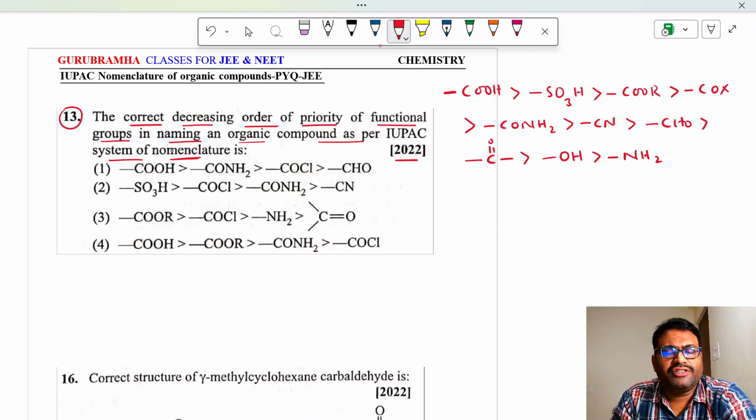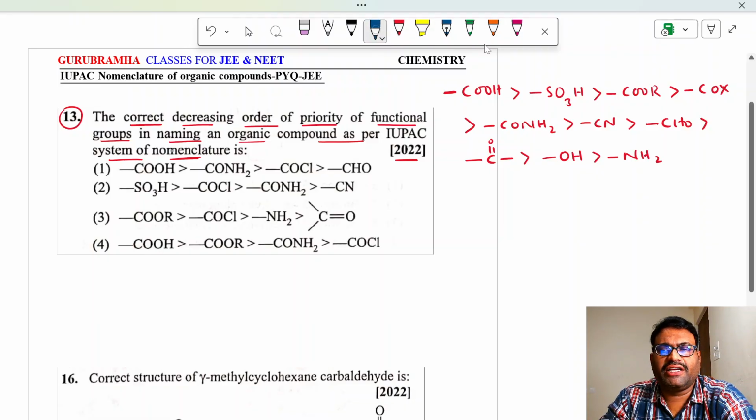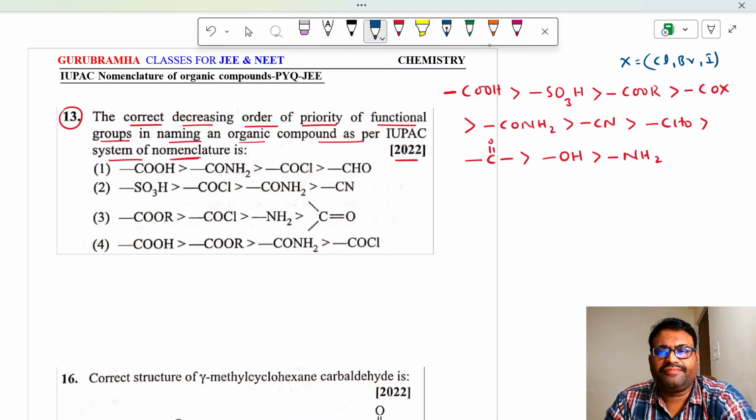See here, first option: COOH, then after it CONH2, then COCl is given. COX, what does X represent? X represents a halogen atom. Mostly you find Cl or Br or I.